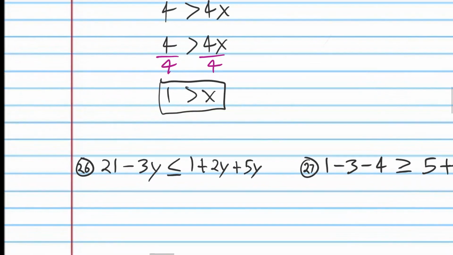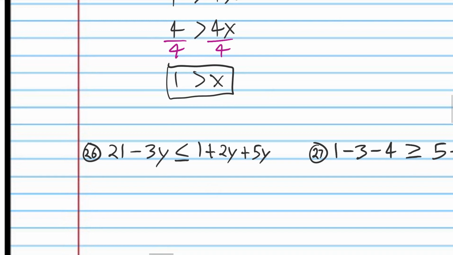But now we have to graph the solution, because teachers will often ask you to write the graphical form of an inequality. So now we're just going to write 0 for a reference. Then we have 1, 2, and -1, -2, so on and so forth. So we drew our number line.